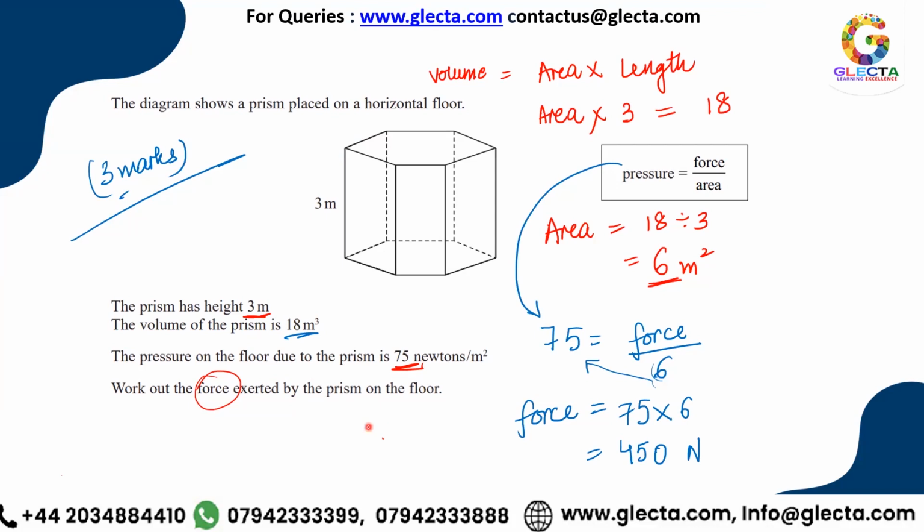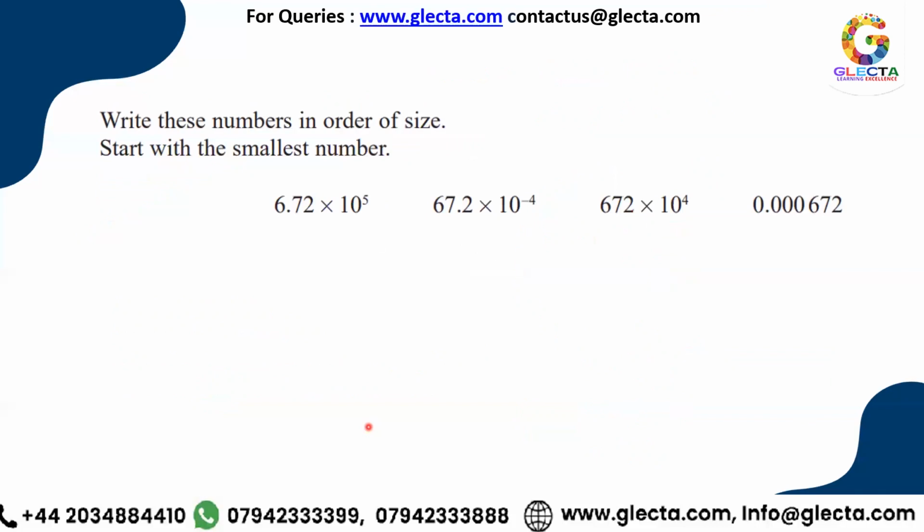Okay. Now moving on to the next question. The next question that we have is about standard forms, grade 4. We always have a 1 mark question if you guys are preparing for higher tier. If you are going to appear for foundation, you can have more of a word problem in your exam. But there is mostly this kind of question in most of the past year papers also.